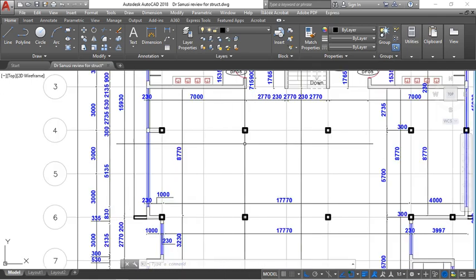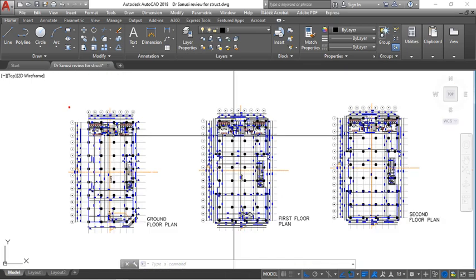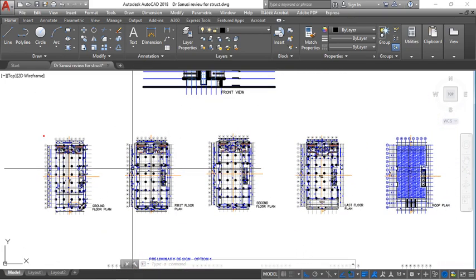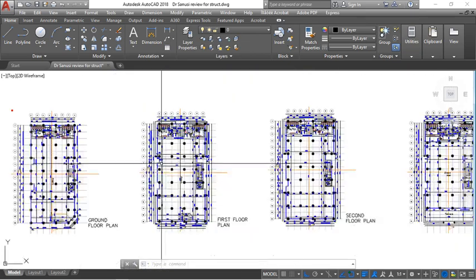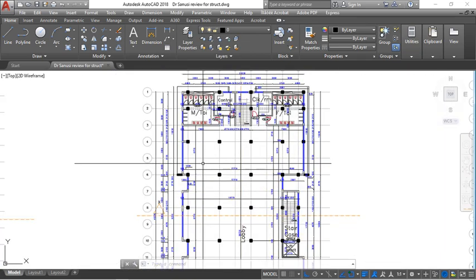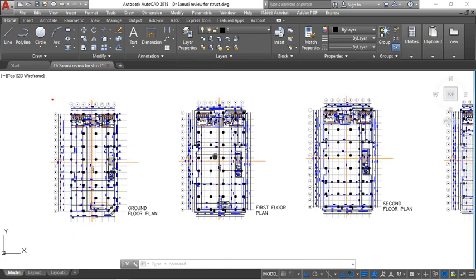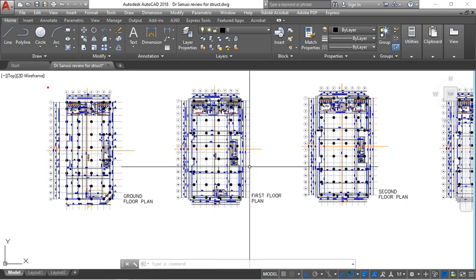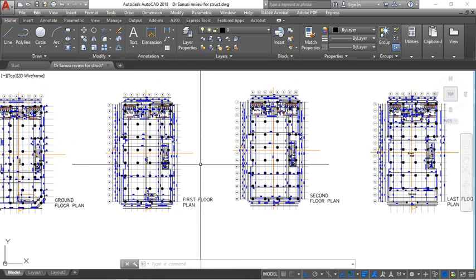Anybody can pick this and come up with another idea that will still be viable, still be constructible and efficient as well. So there's rib slab that can be used. It varies from person to person. What must be the same is that they must accurately account for every possible load that will be exerted on the structure and in turn exerted on the foundation. That is the only thing that can be the same.